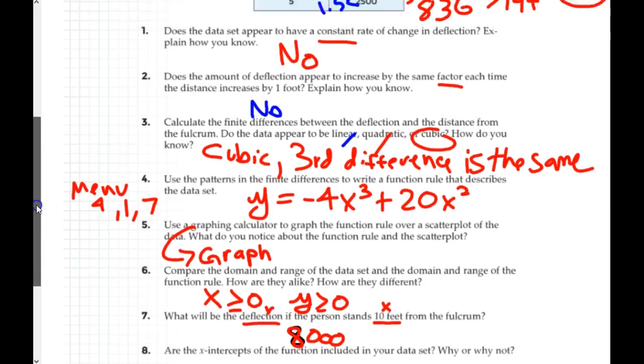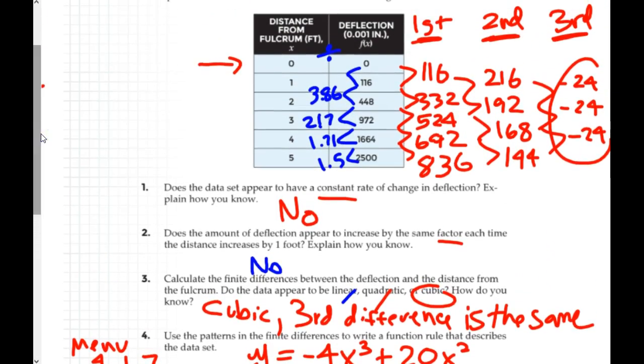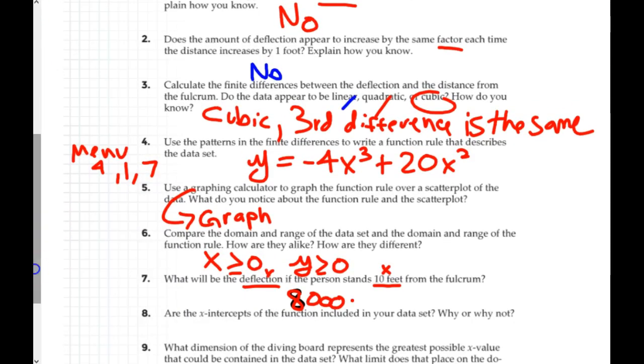But if you remember, deflection is measured in 0.001 inches, so 8,000 times 0.001 inches equals 8 inches. I know that's kind of weird, but you have to look at what they're measuring their values in.